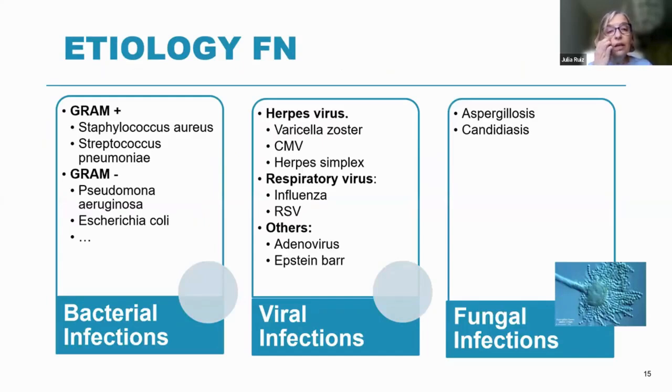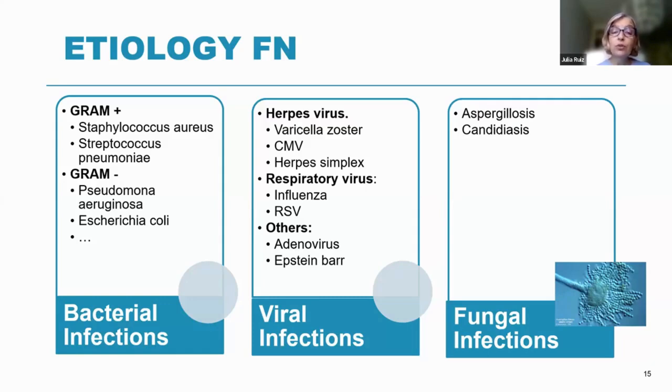Around the etiology, we are going to find that bacterial infections are produced by gram-positives, as you see there, Staphylococcus aureus, Streptococcus pneumoniae, among others, and gram-negatives, Pseudomonas, Escherichia coli, among others, of course. Viral infections will be produced by herpes viruses, as you see here, for example, varicella zoster, cytomegalovirus, herpes simplex.